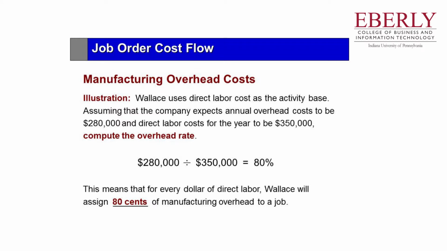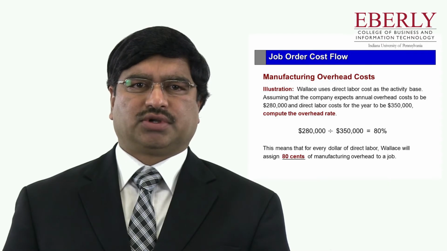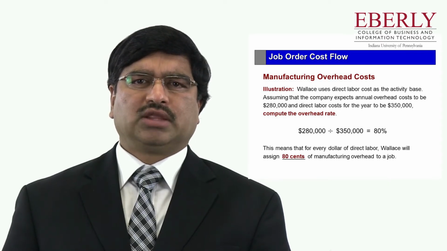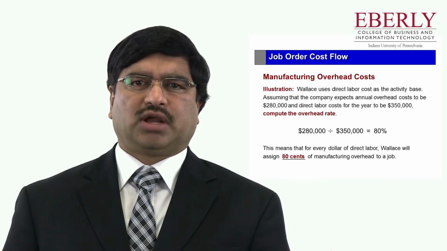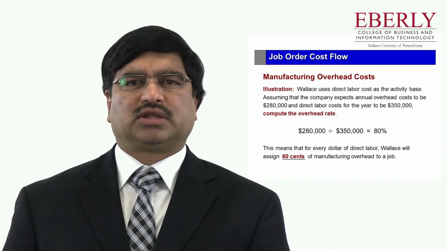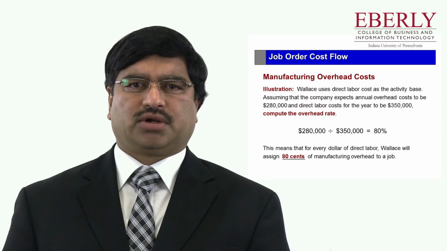Here is another example. Let's assume the company expects an annual overhead cost of $280,000, and the direct labor cost is $350,000. Let's also assume that the best basis to allocate the cost is the labor cost.